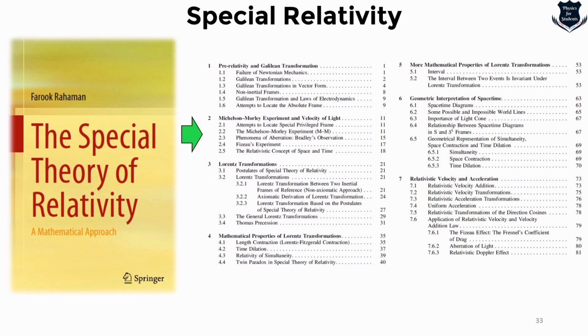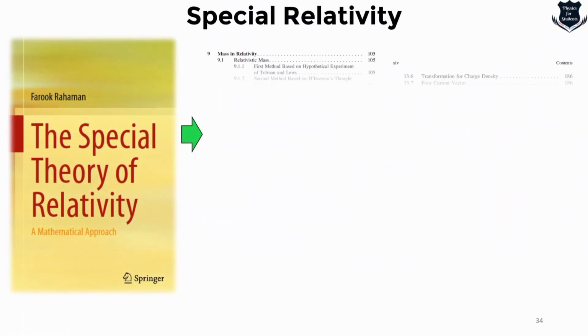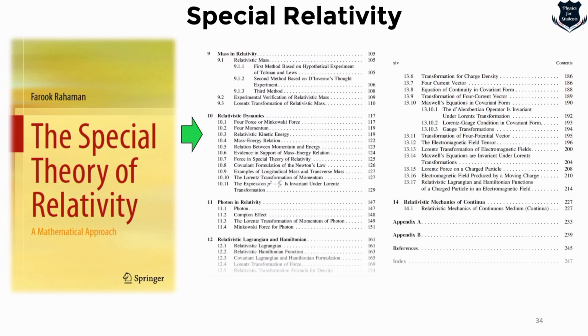But this book will give you a complete understanding of special relativity with all the aspects required: mass relativity, relativistic dynamics, photons, then the transformation for charge density, for current, for vector, everything.